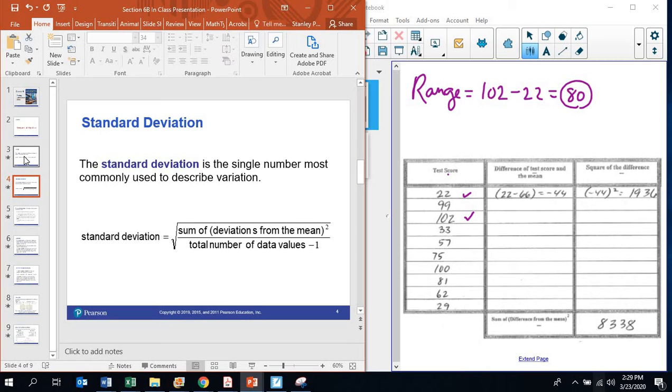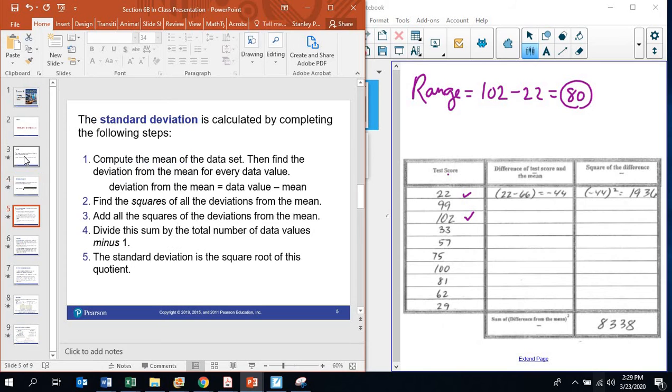Remember the standard deviation, we didn't give a formula for it, but basically I talked about it as a kind of averaging of the distance every point is from your mean in your data set. And we had a 5-step process here for calculating the standard deviation.